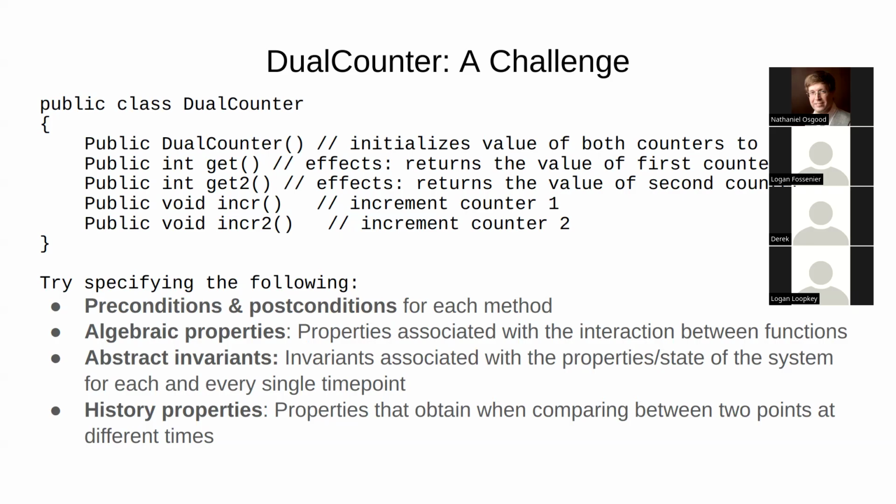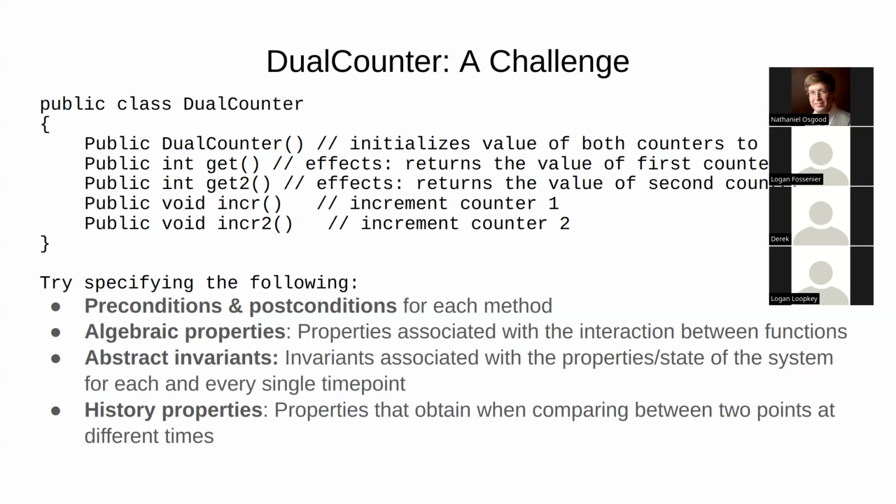But there's no bearing on get compared to R, or get2 compared to S. Are people comfortable with that? Is there any other history property that we should be able to state? That's pretty much all we can count on about the relationship between them.